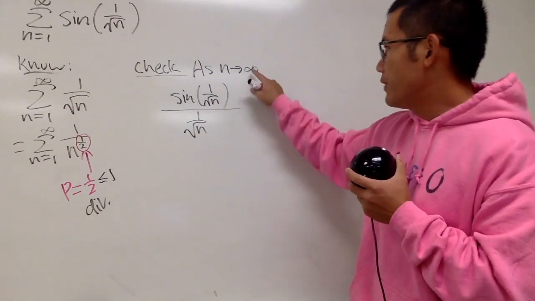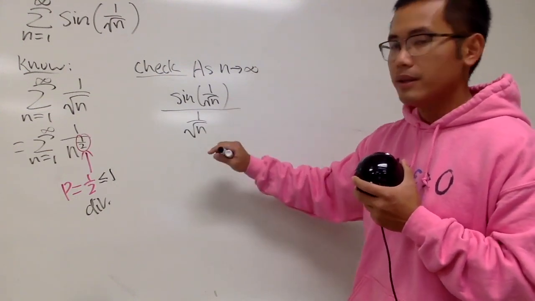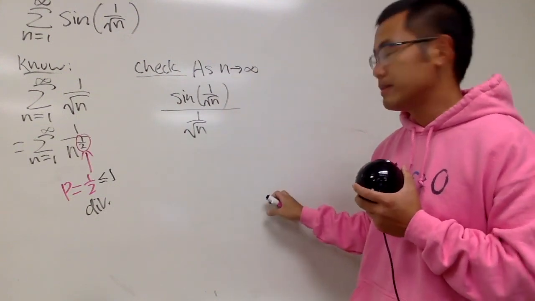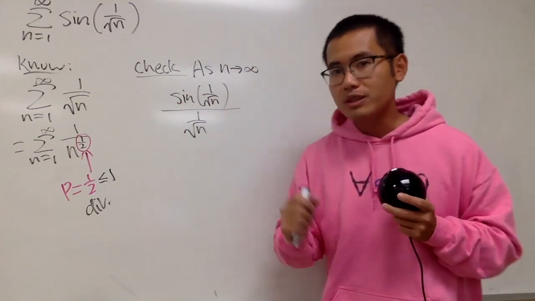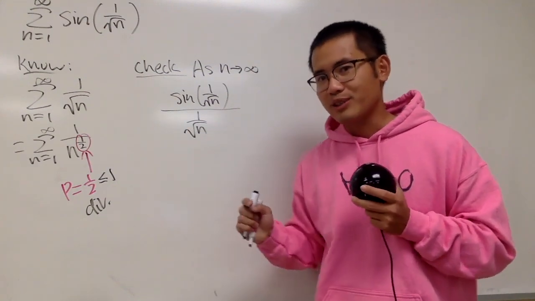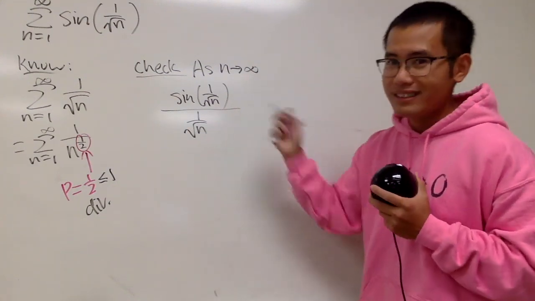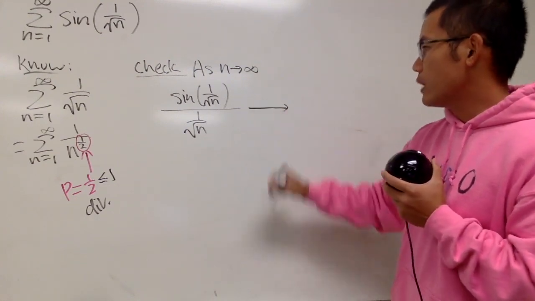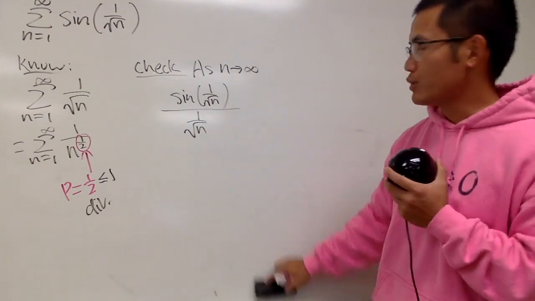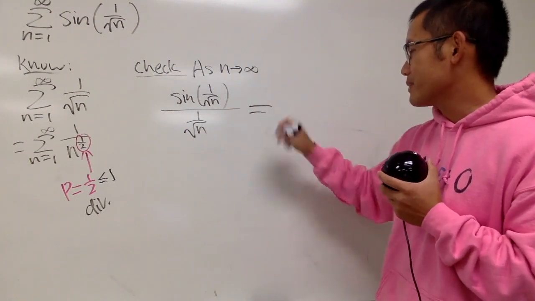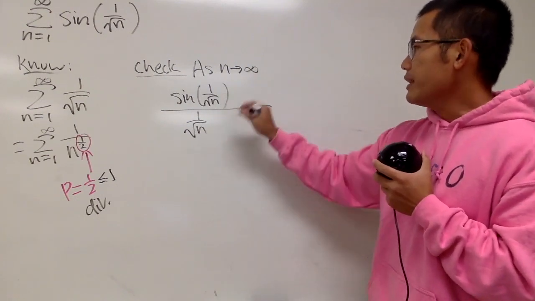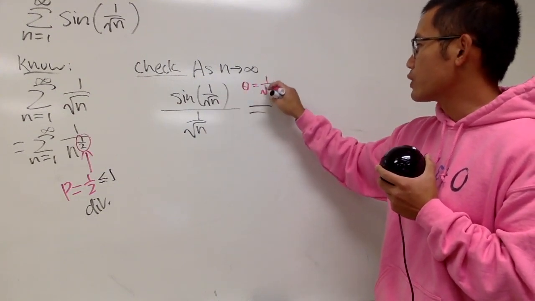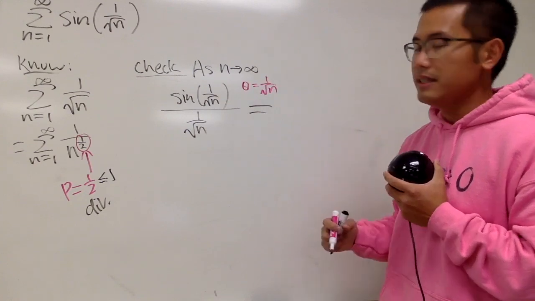Okay, if n is going to infinity, put it here, you will have sine of 0 over 0. But don't worry, this is from one of the limits. The special case, the one that you should know. The secret weapon, right? So this is how you can do it. I will actually draw some equal sign to show you guys the change of variables. Right here, I will just take theta equals the input, which is 1 over square root of n, like this.